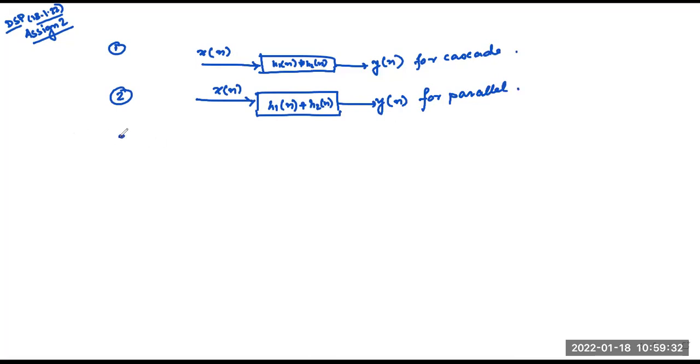And number 3 will be, so 3 questions are there, 30 total marks. Last was also 30.